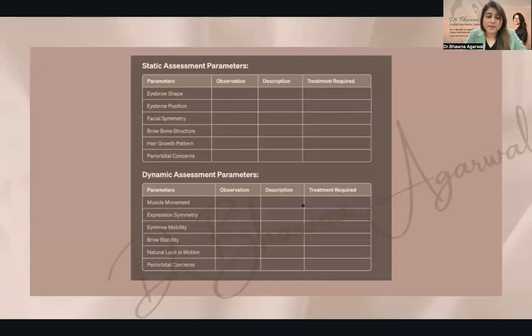Also, they say that the most important aspect of any aesthetic procedure is not the procedure or the technique, but the treatment planning itself. And the best treatment plans can be achieved only if you gain maximum insights through the pre-treatment assessment and analysis. And these are all the factors which can help you identify the various aspects of the eyebrows.